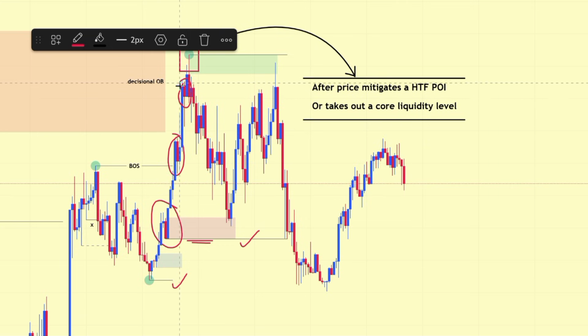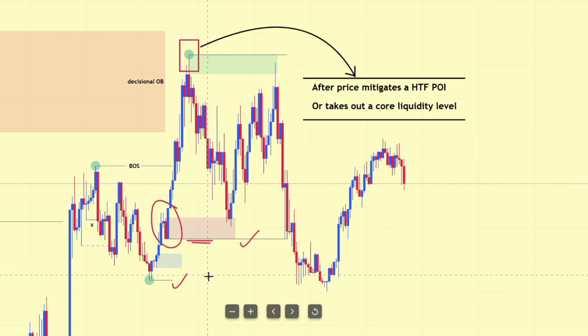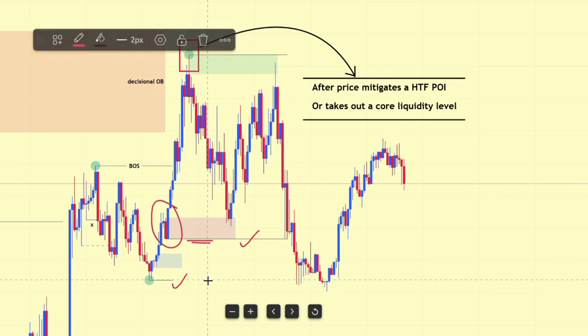There is no valid pullback up here, so this means that the recently formed valid pullback is none other than this one here. So this one here is the inducement pullback. In this case it's a minor pullback, it doesn't matter as long as that's the recently formed valid pullback. So a break past that will now be the change of character, and not the break past this external low.